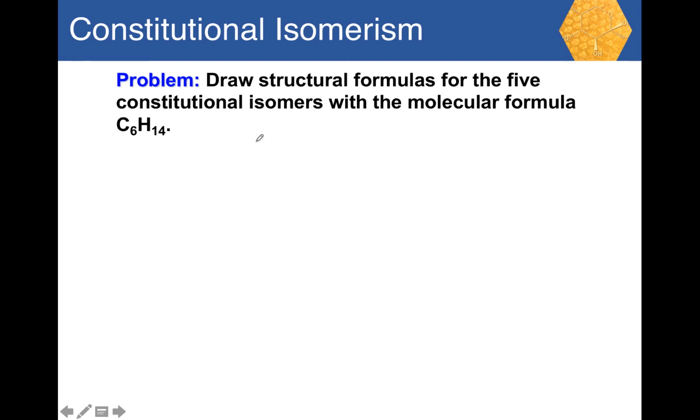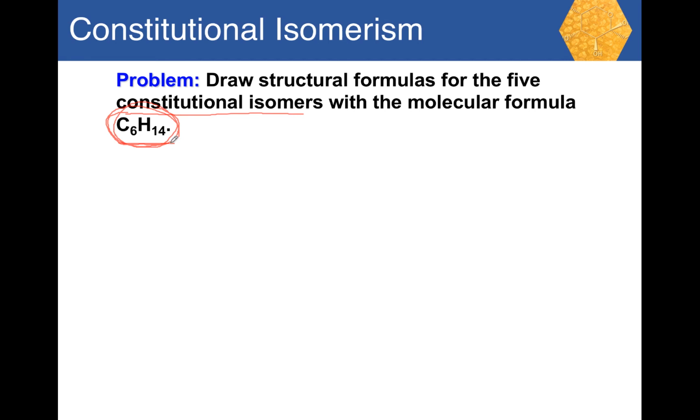Let us look here at drawing molecules using the line angle representation. So let's look at constitutional isomers for compounds with this molecular formula. So this is a loaded question. Can you draw constitutional isomers or structural isomers with this formula?